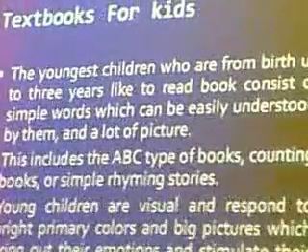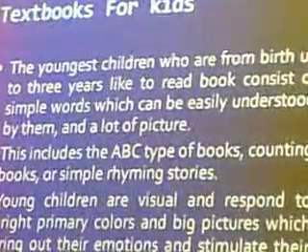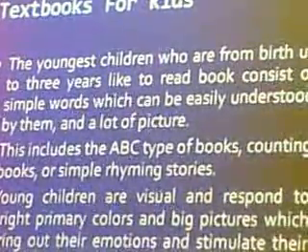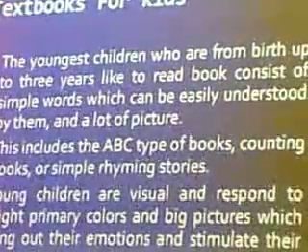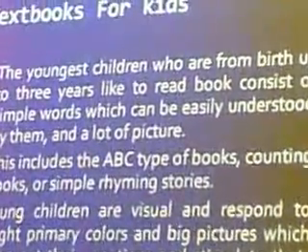As we know that the kids are the youngest children who are from birth up to 3 years old. They love to read. The book consists of simple words which can be easily understood by them and has lots of pictures. As we know that the kids are visual learners.